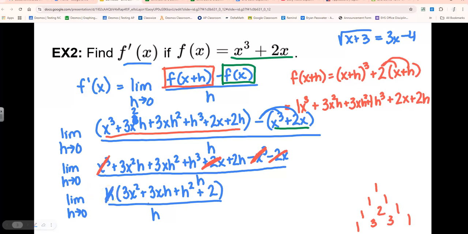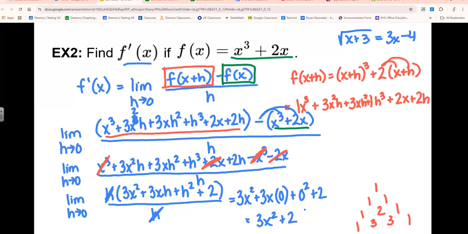So this will cancel with this h right here. And so then if we plug in 0 for our h, we've got 3x squared plus 3x times 0 plus 0 squared plus 2. Basically, anything that still has an h with it is just going to be 0. So we get 3x squared plus 2.